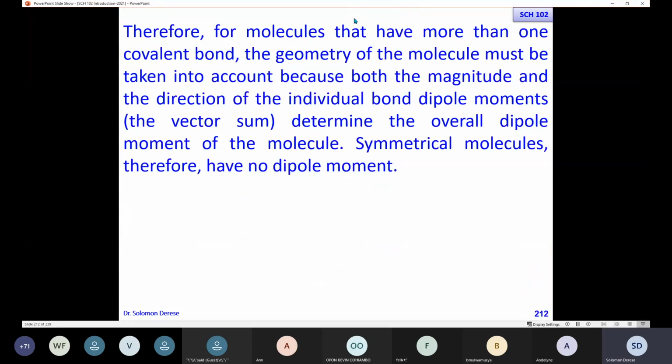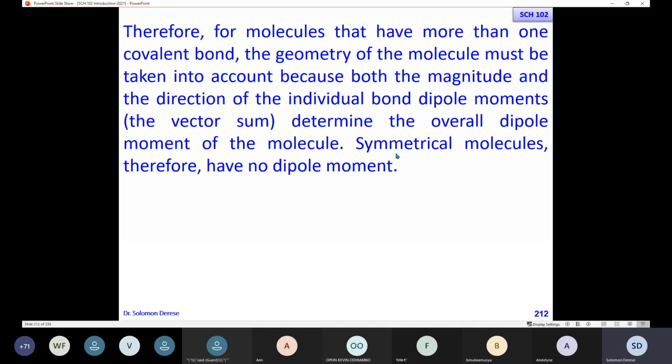Therefore, for molecules that have more than one covalent bond, the geometry of the molecule must be taken into account, because both the magnitude and the direction of the individual dipole moments, the vector sum, determine the overall dipole moment of the molecule.